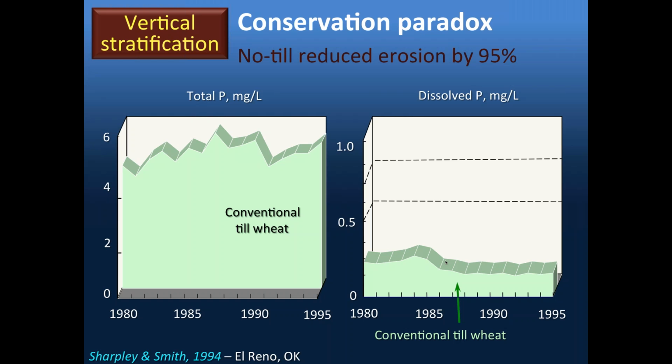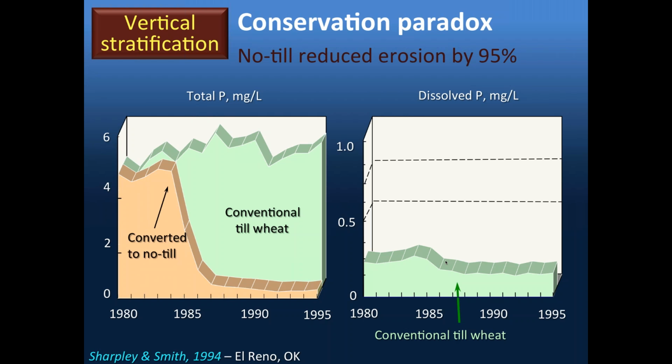And so they did what we call a paired watershed study, where they basically monitored two watersheds, and then on one of them, after they convinced themselves it was acting like the other one, they imposed a treatment. And that treatment was to go to no-till. And so what you see with this graphic right here is that in the second watershed, after they imposed no-till, they had about a 95% reduction in erosion, a tremendous conservation benefit.